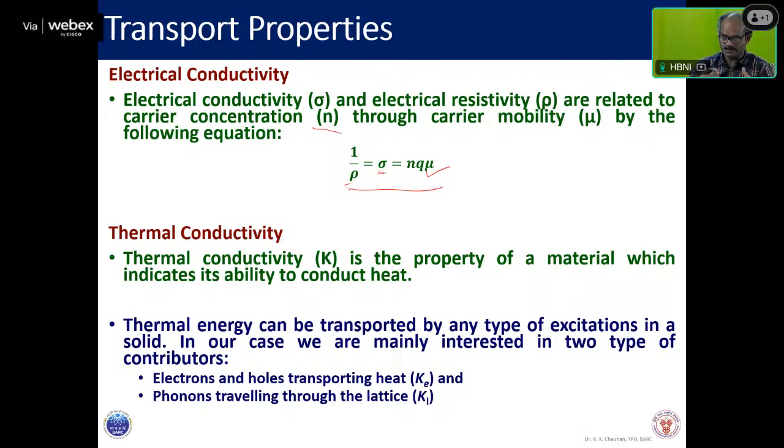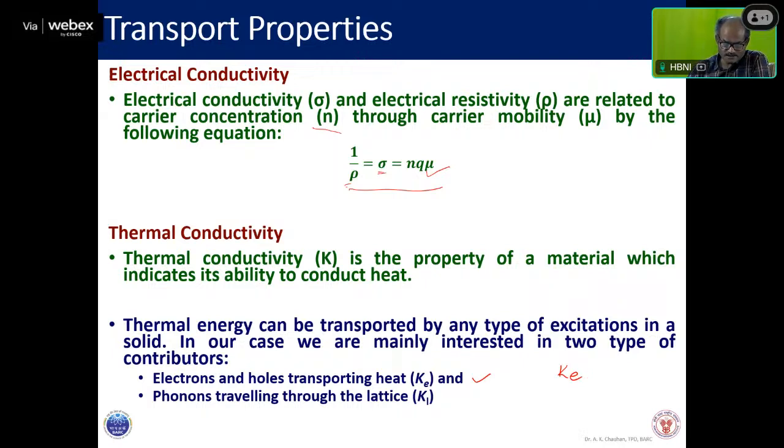When you raise the temperature, there are free electrons or holes in our material, and they gain energy and move from one side to another side, and therefore they carry the energy from one side to another side, and increase the temperature of the other side also. So this contribution is called the electronic contribution to thermal conductivity, represented by Ke.